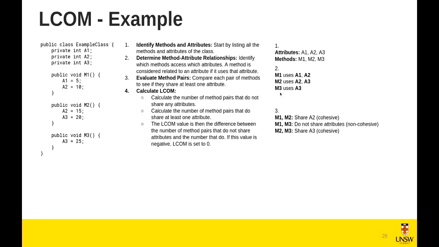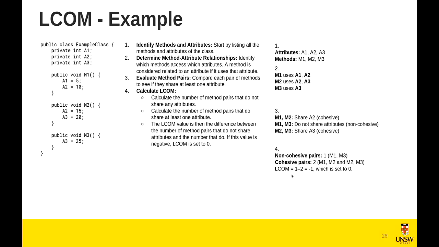So this is what we get. M1 and M2 share A2, so it's cohesive. M1 and M3 don't share any attributes, so it's non-cohesive. And M2 and M3 share one attribute, so it is cohesive. Then we can calculate LCOM in the last step. We have one non-cohesive pair and two cohesive pairs.